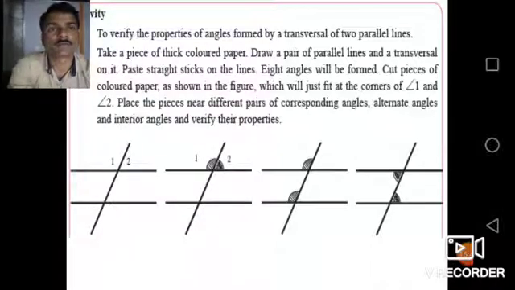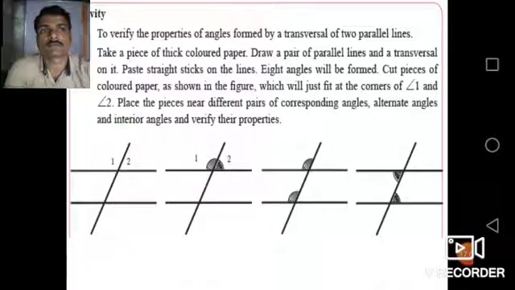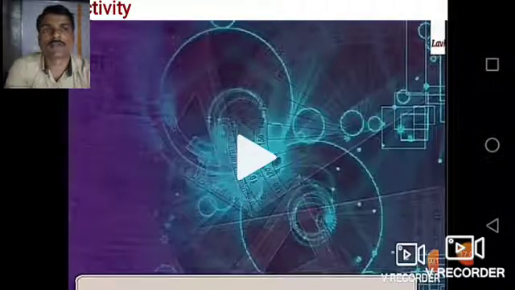Cut pieces of the colored paper as shown in the figure, which will just fit at the corners of the first angle and second angle. Place the pieces near the different pairs of corresponding angles, alternate angles as well as interior angles, and verify the properties of the angles. Just watch this video.